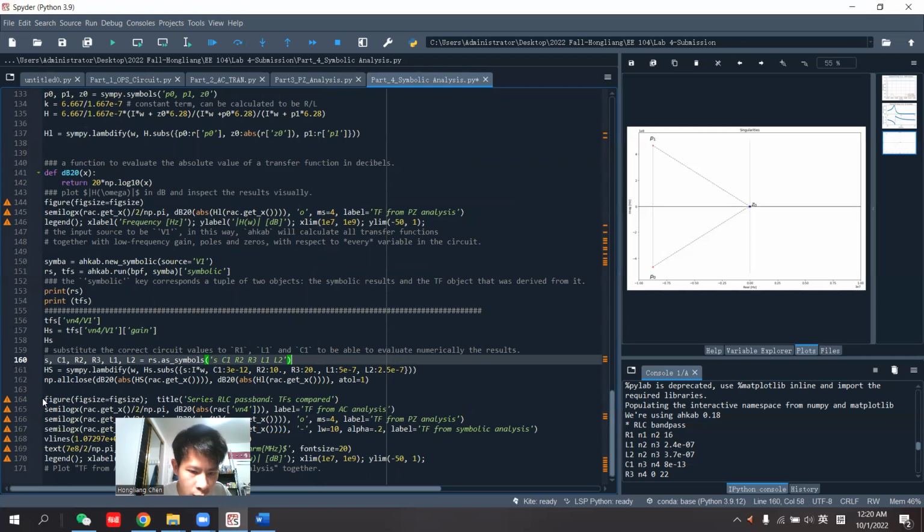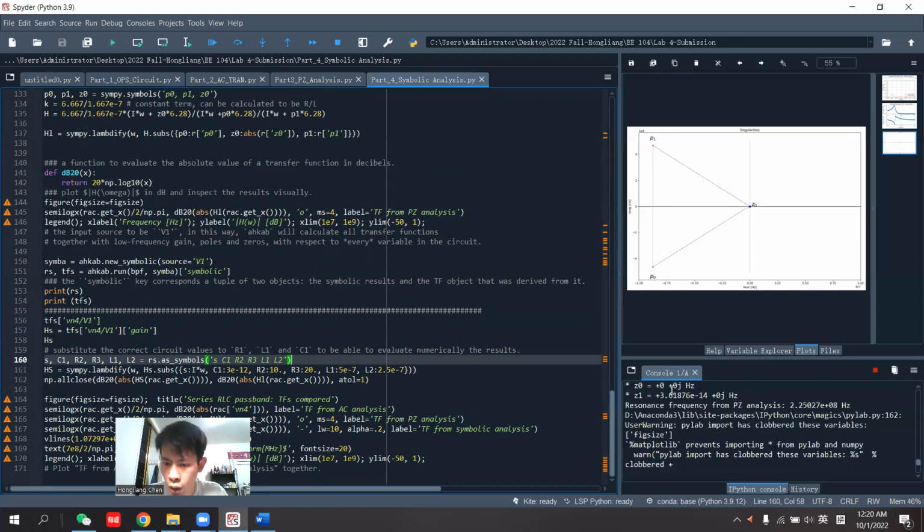Then the last part of the code is to plot the symbolic analysis with the AC analysis. Let's run the code here.